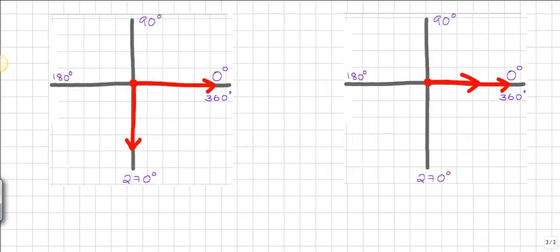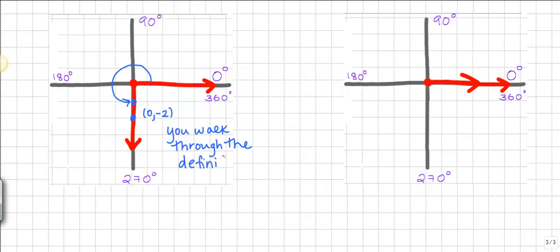Now you should follow suit and do something similar for 270 degrees. In fact, just take the point (0, -2) and walk through the definition. Okay, you work it out and then compare to what you see in your textbooks to see if you're right.